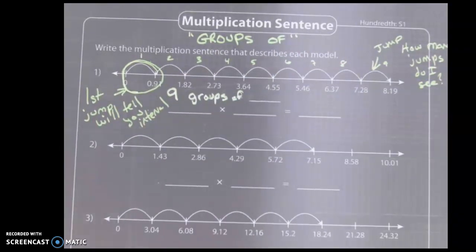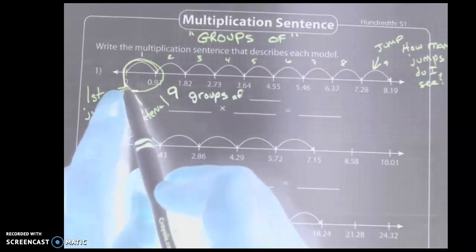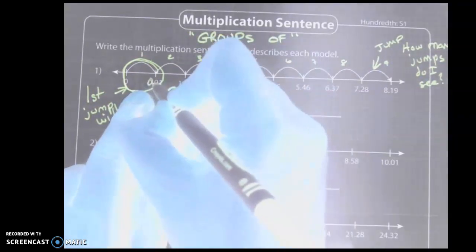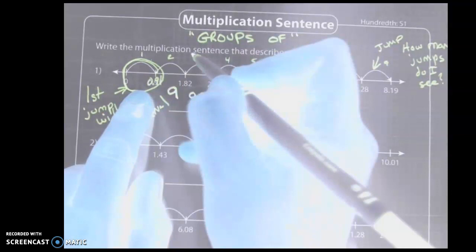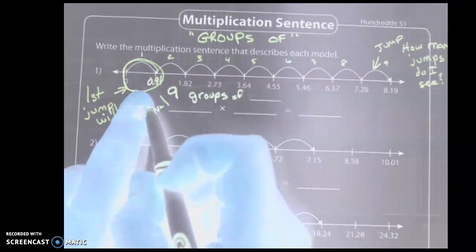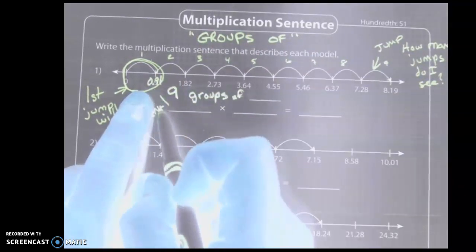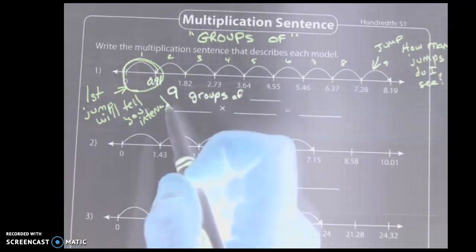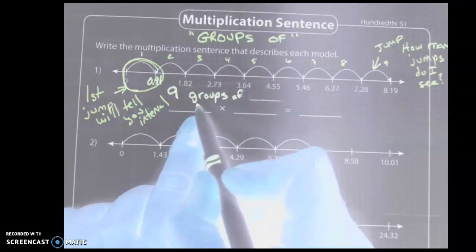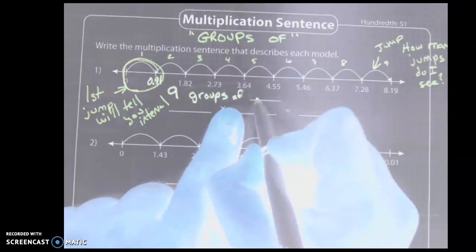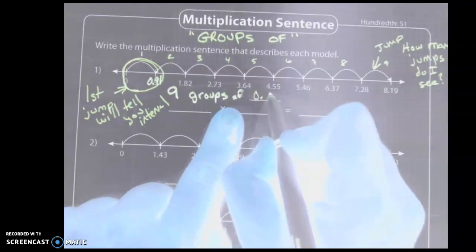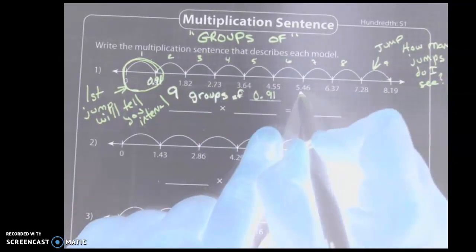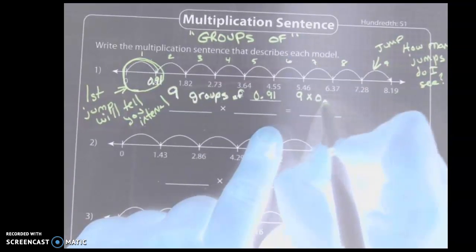If I look at what it goes from 0 to the first jump, in this case, it's 0 and 91 hundredths. So each group is worth 91 hundredths. So I have 9 groups of 91 hundredths. And that is my expression, 9 times 91 hundredths.